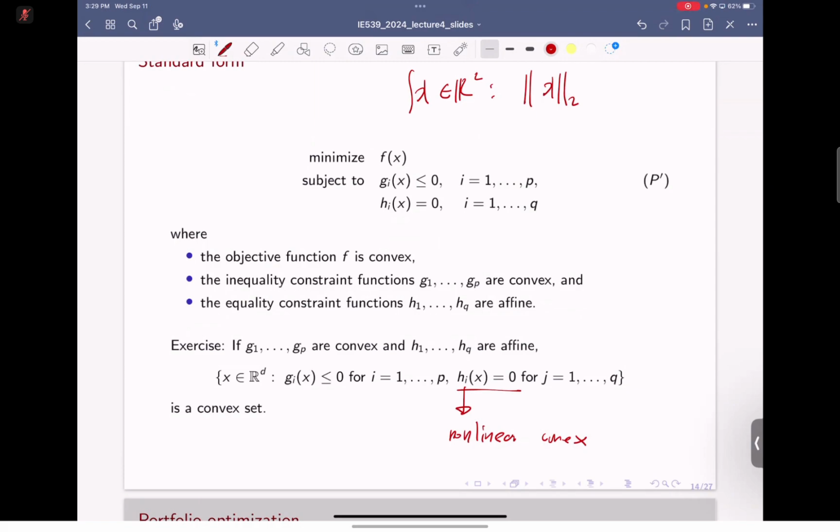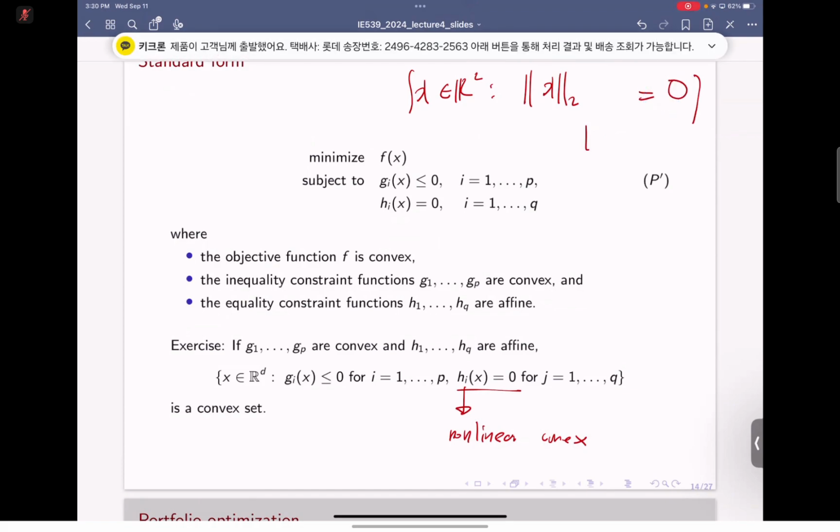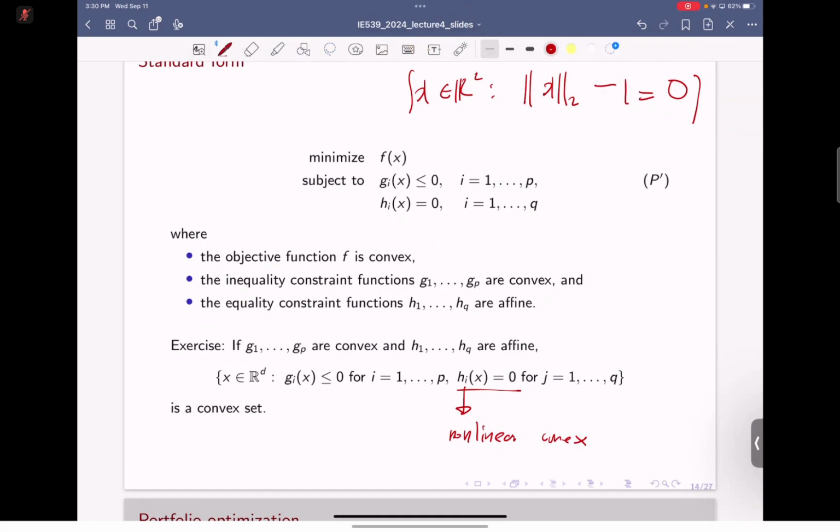And let me add the equality constraint like this. Well, if you are not happy about having a non-zero value on the right-hand side, let me move the right-hand side to the left-hand side and have minus 1 here.